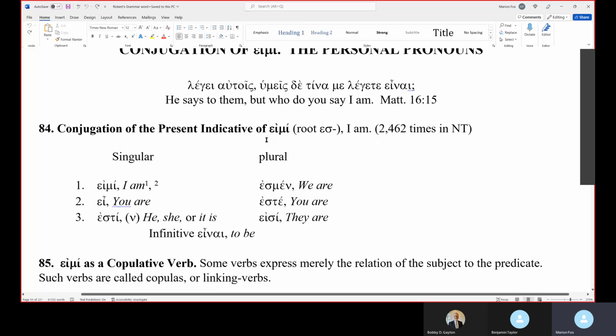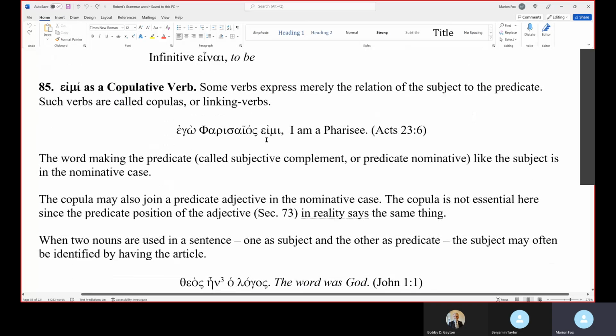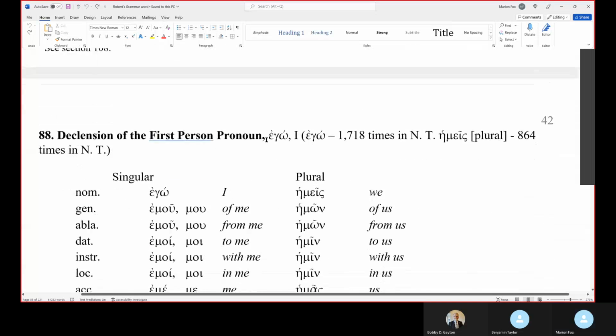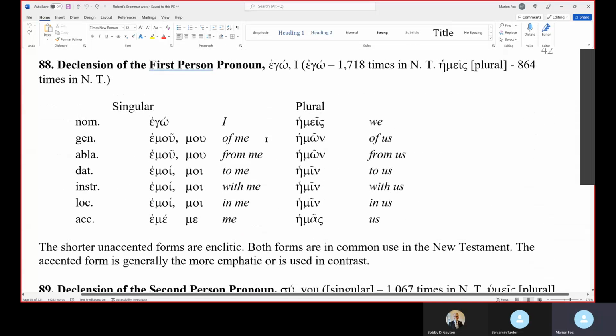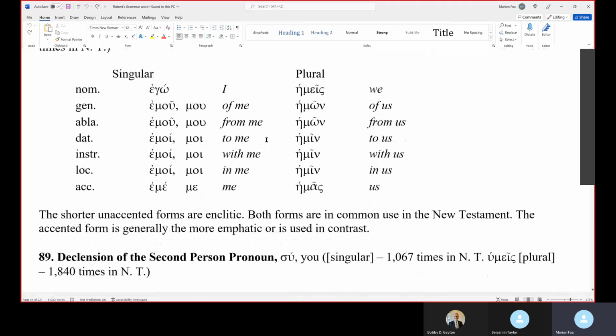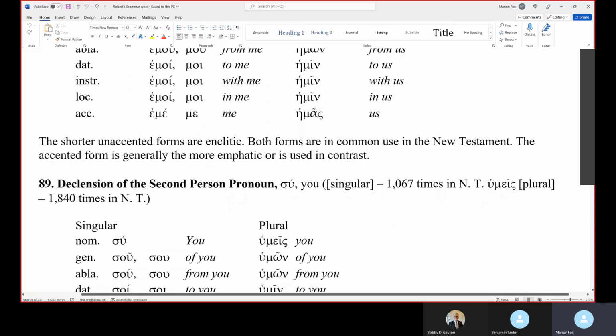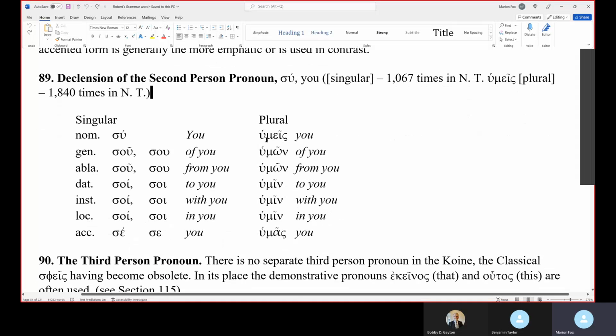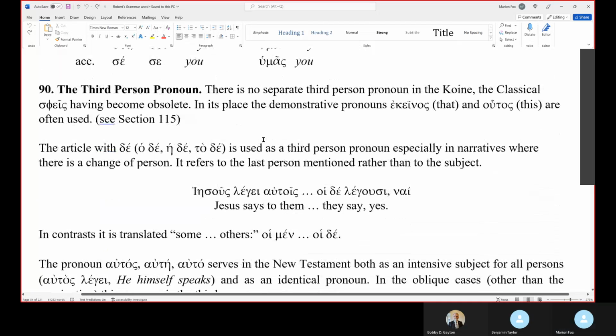So these pronouns are very prominent in the New Testament. When you add these up, of course, the words are repeated over and over. So you'll have something like maybe 10 or 15,000 words out of the New Testament before we get through this lesson. Of course, it's the same words repeated over and over. Any questions or comments there?